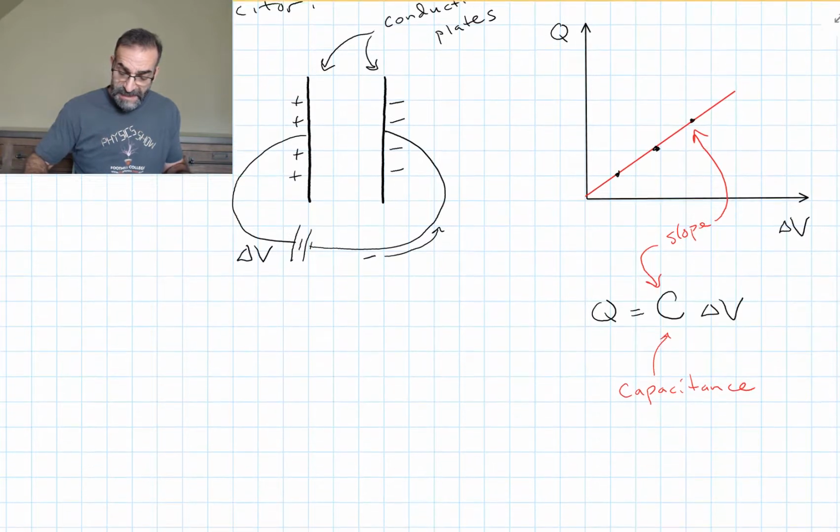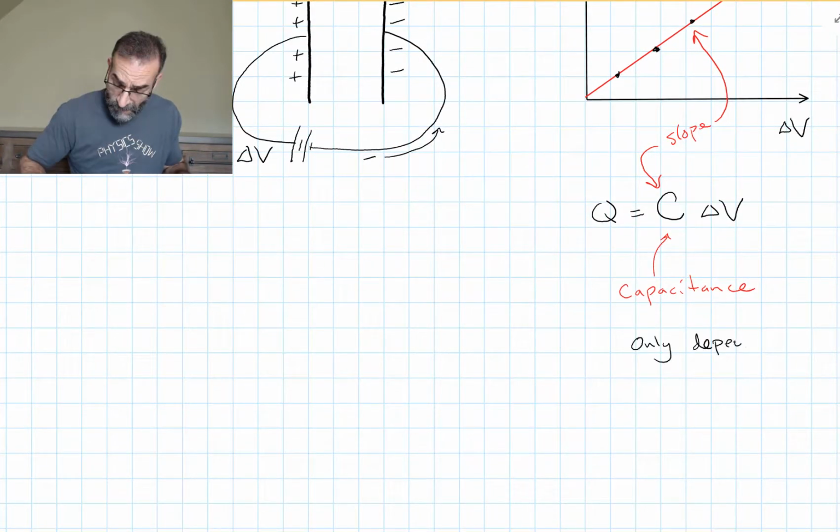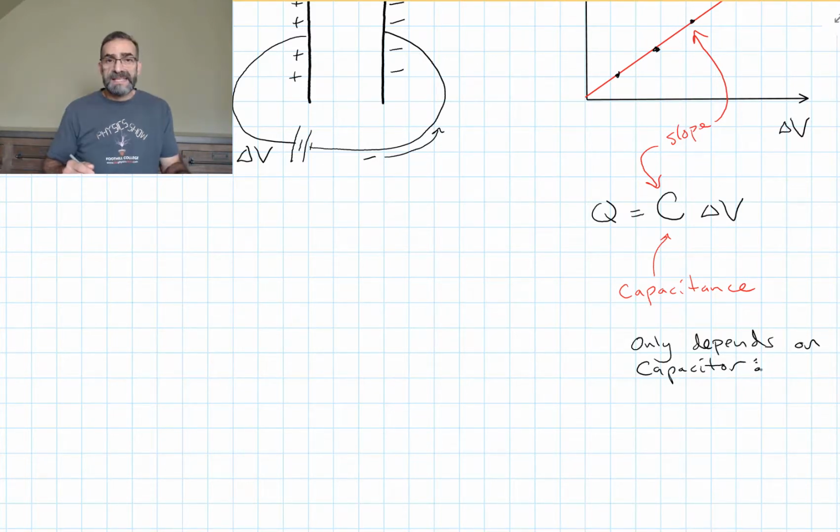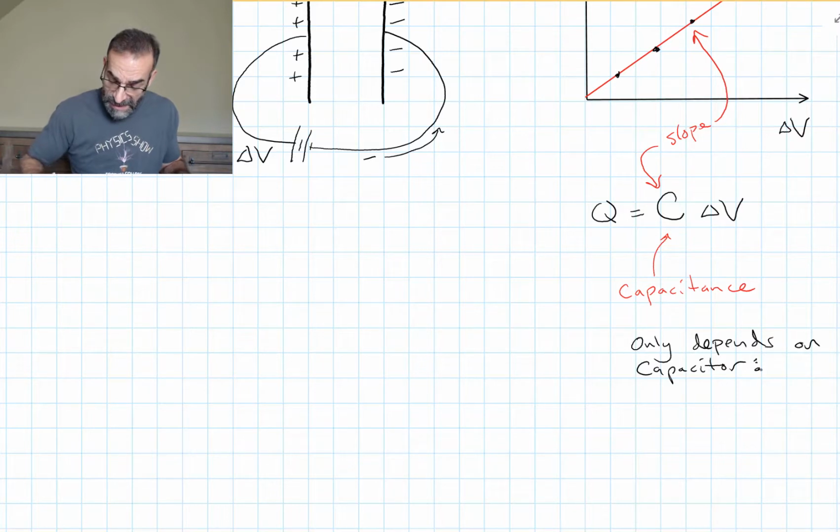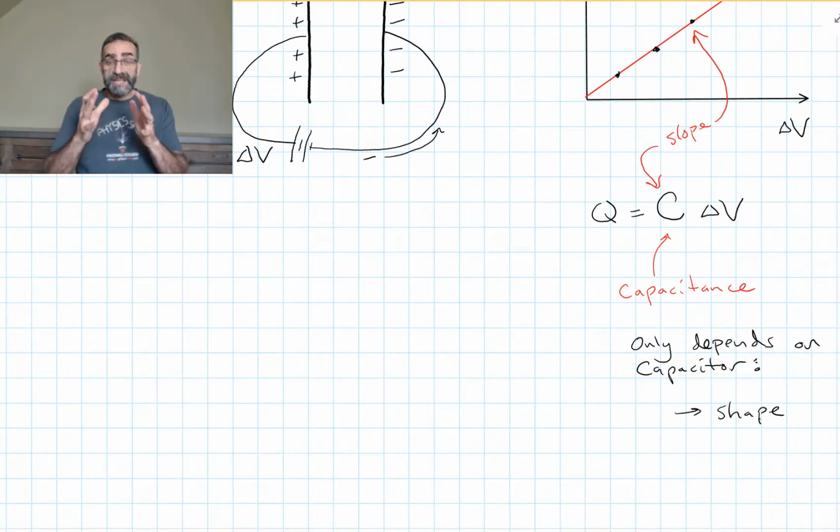What would the capacitance depend on? The capacitance only depends on the capacitor, the physical characteristics of the capacitor. Things like the shape. How are those conductive plates configured? Are they two parallel plates next to each other? Or maybe they're spheres. Maybe it's a spherical conductor inside of a spherical shell.